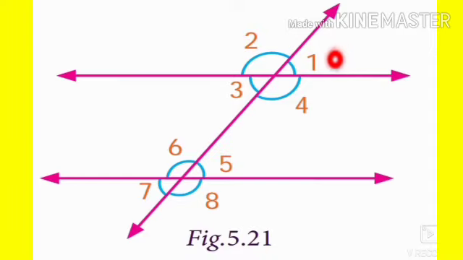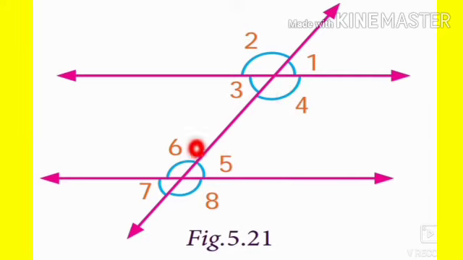The angle that is alternate interior to angle 6. Alternate means opposite, and interior means inside the parallel lines.